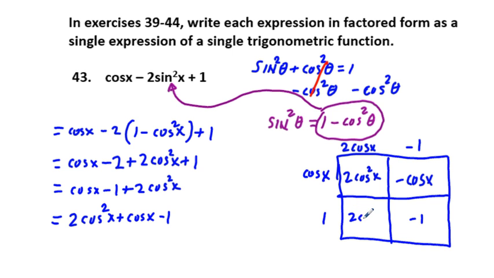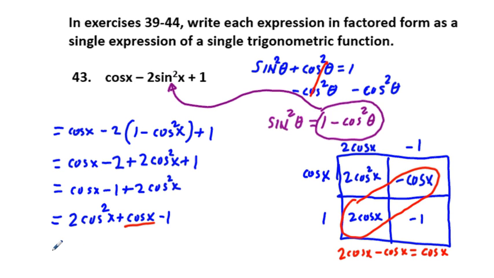And if we add these two middle terms together, we're going to get 2 cosine x minus cosine x equals cosine x, which is what we wanted. That's what we have originally, right? Cosine x. That's right over here. We had it originally, so that's going to work.